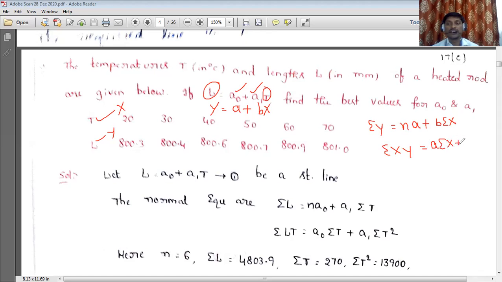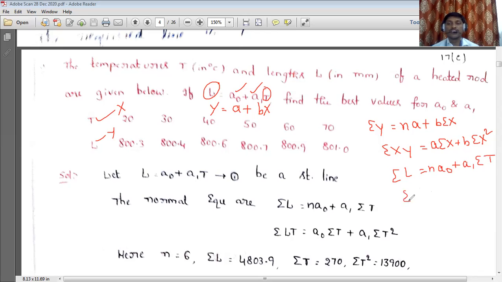Now if you compare, in place of y we have L. So summation L is equal to n into a naught, in place of b we have a1, and summation x is nothing but summation t.